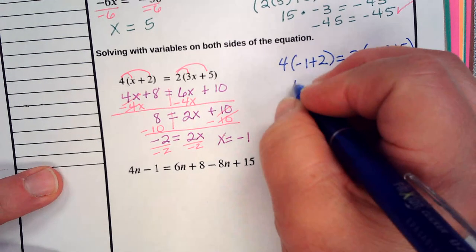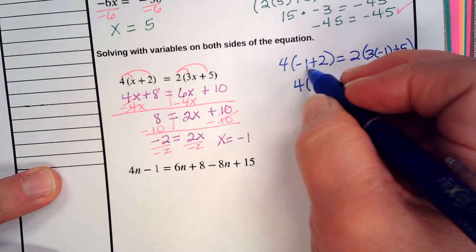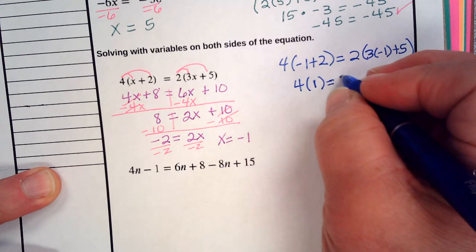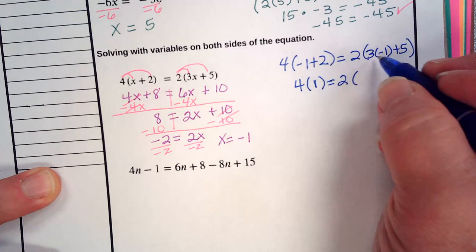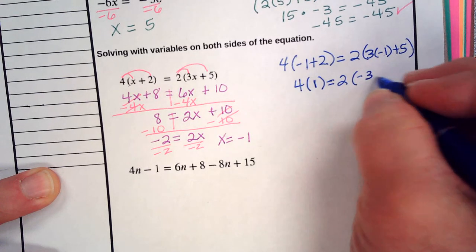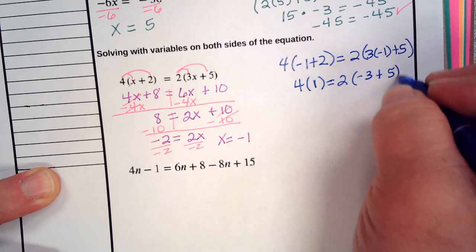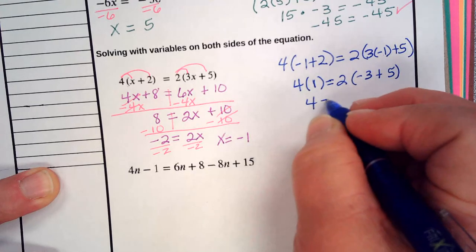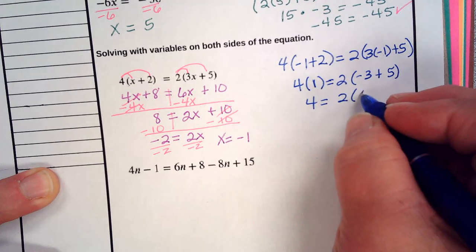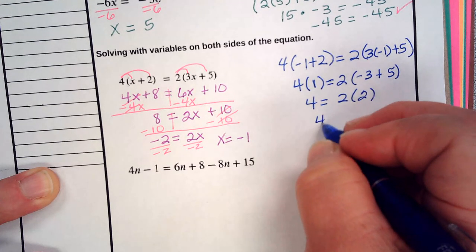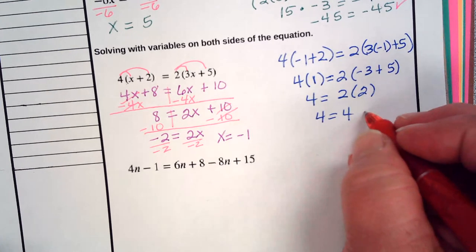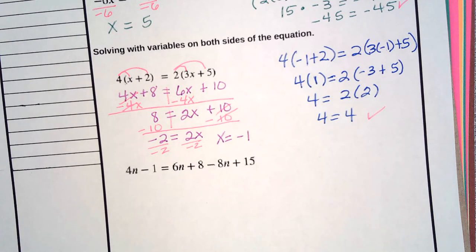Parentheses. 4 times -1 plus 2 is 1. Is that equal to 2 times 3 times -1 is -3 plus 5? Is 4 equal to 2 times -3 plus 5, which is 2? 4 is equal to 4. I am correct.